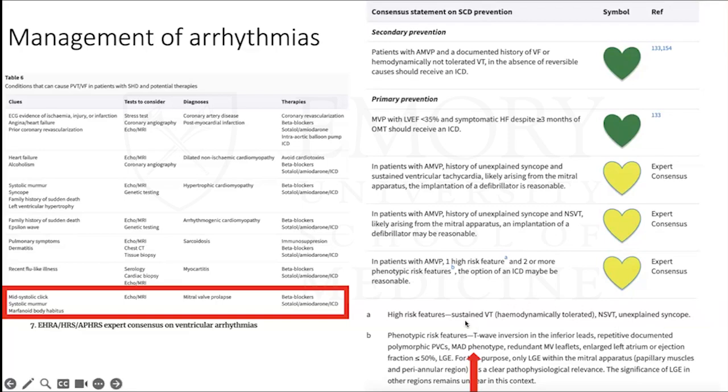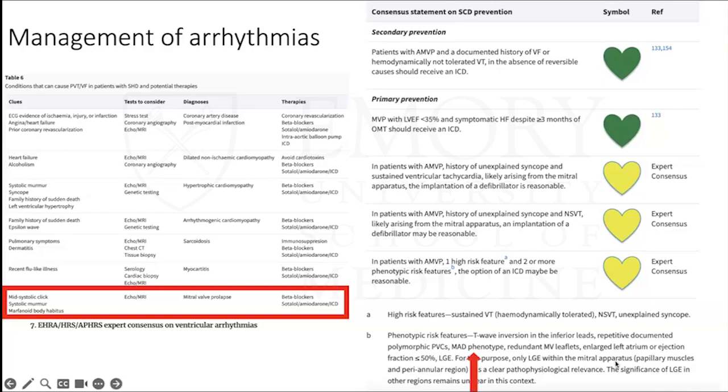Then talking about phenotypic features: T-wave inversions in inferior leads, talking about that previous decision tree on our previous slide. MAD phenotype. So this is kind of what we're thinking about with our patient here. The clear MAD phenotype, breaking that down into a high risk MAD phenotype, can be even more helpful.